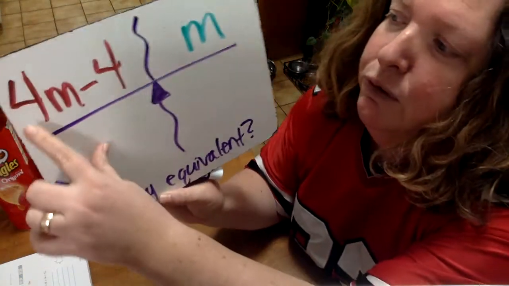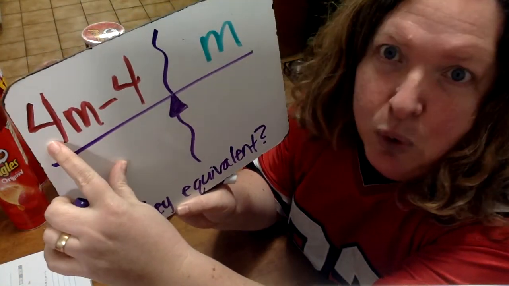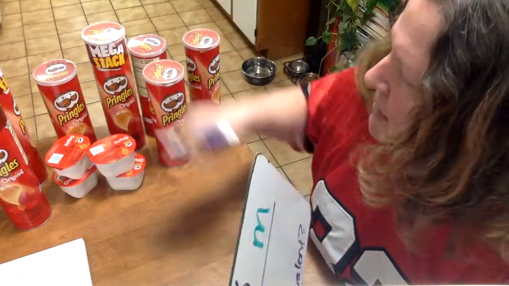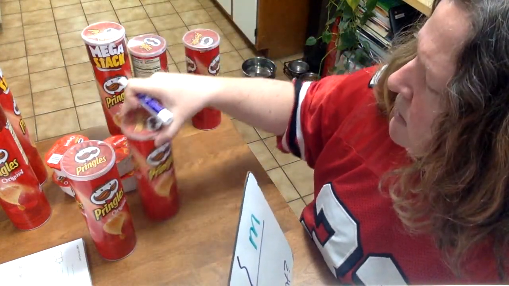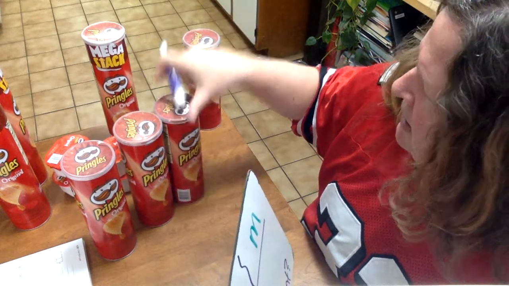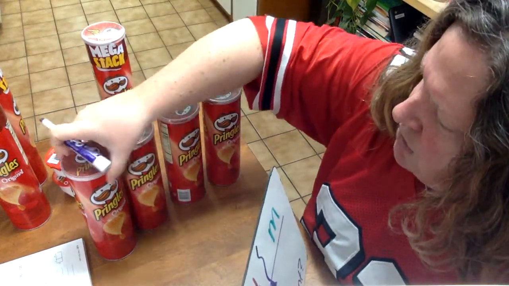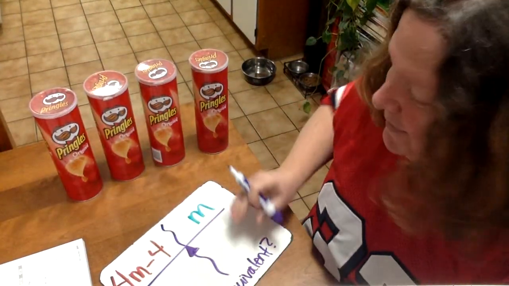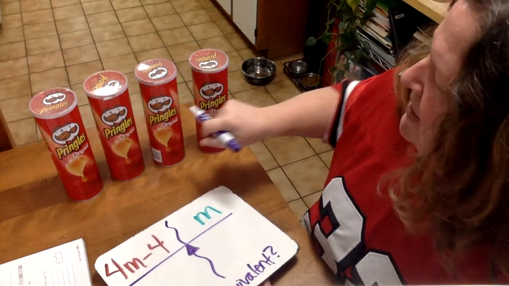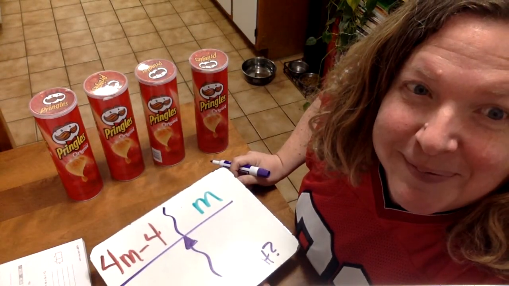So it says 4m, 4 groups of that mystery amount. So there's 1, 2, 3, 4. So there's 4 groups of a mystery amount. I'm going to clear out the rest so they don't confuse us. Okay, here they are. We've got 4 groups of a mystery amount.